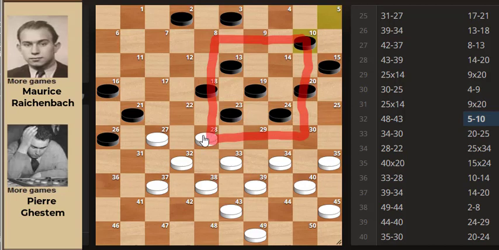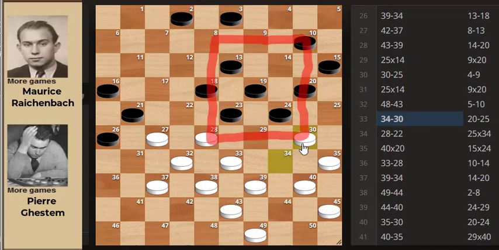Then if you look at the vertex here, we have a piece at square 28, and it is well surrounded, so the position has to balance. We need to take square 30. So he played 34 to 30 to take control of 30.